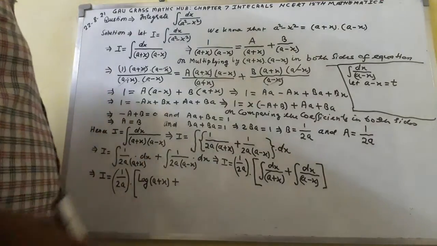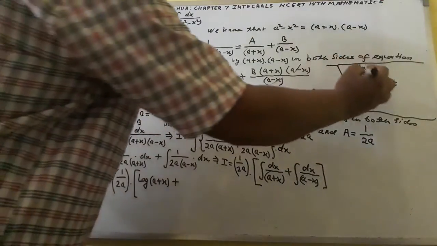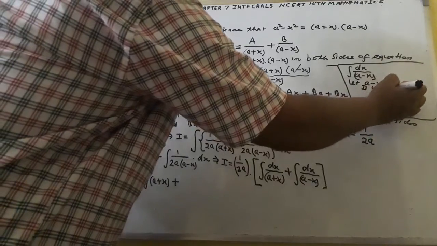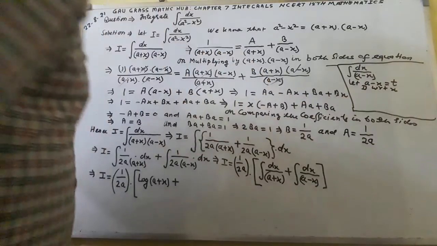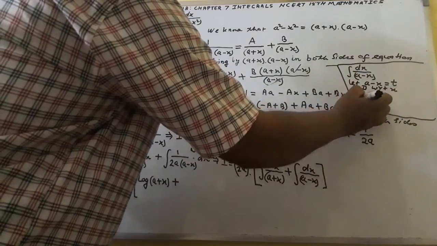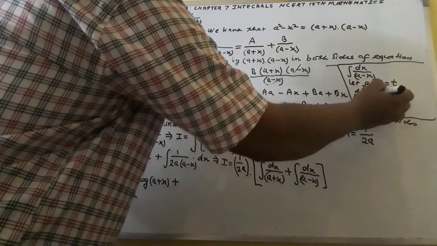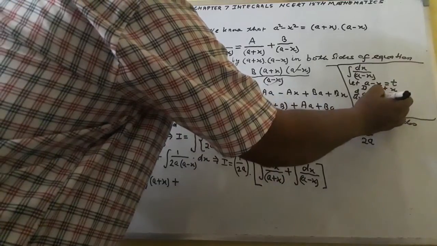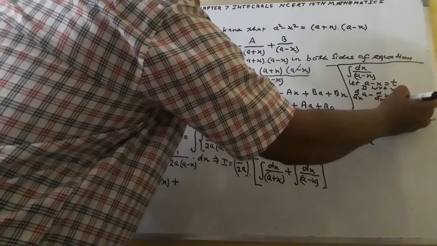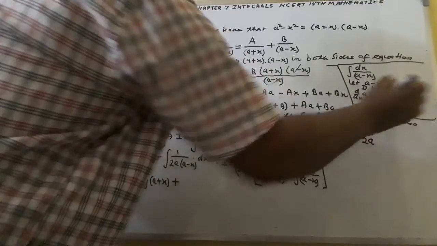So here what to do? Find derivative with respect to x. So we will get d over dx of a minus d over dx of x equal to d over dx of t.